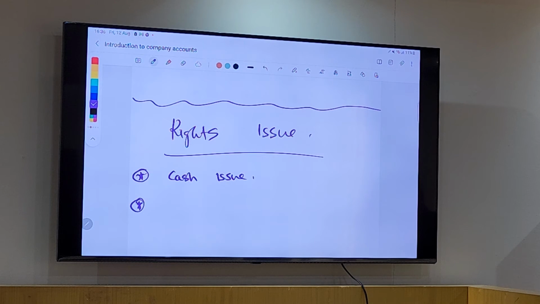Second condition: it should be to existing shareholders. You can't make a rights issue to outsiders, but a fresh issue, you can issue to outsiders.